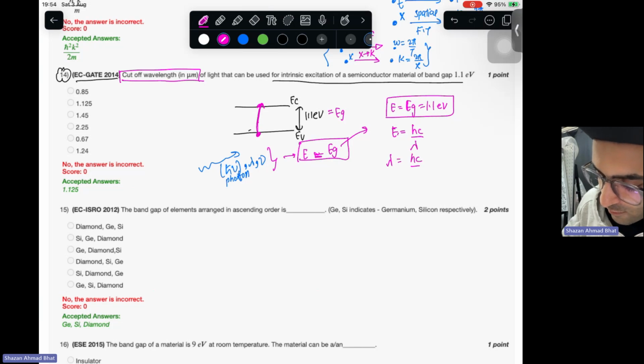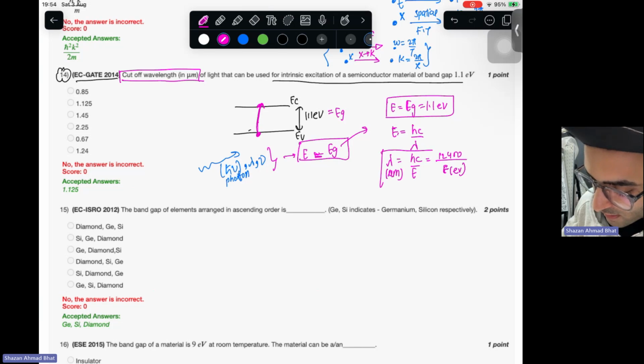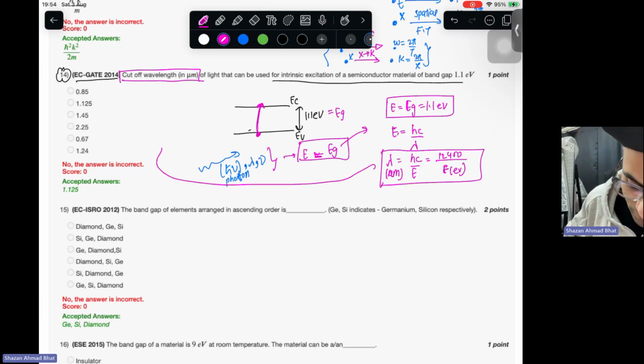You can compute lambda as hc over E. You can use the value of hc as 12400 divided by E in electron volts. When you use these values, this will give you the wavelength in micrometers, and when you compute this, you will get the answer as 1.125 as the cutoff wavelength of the light.